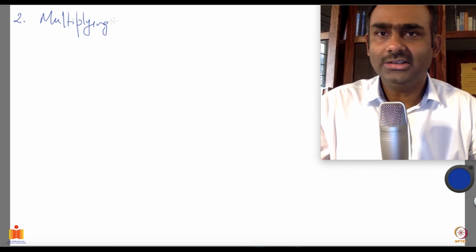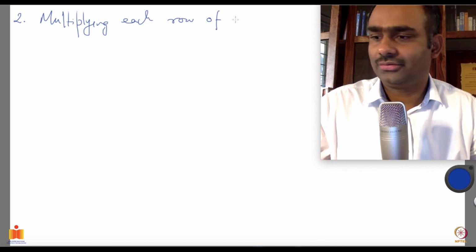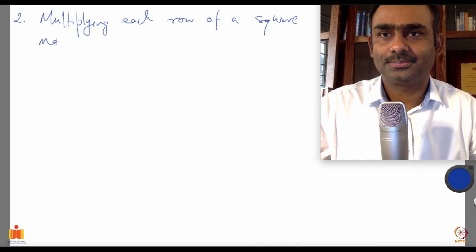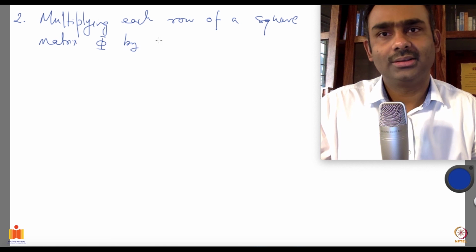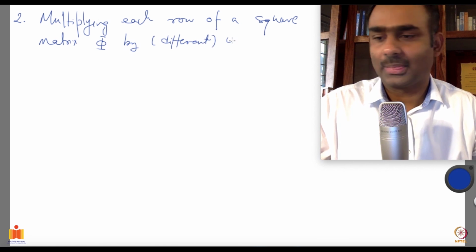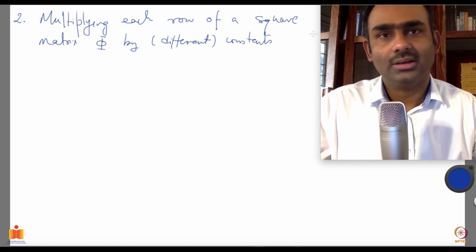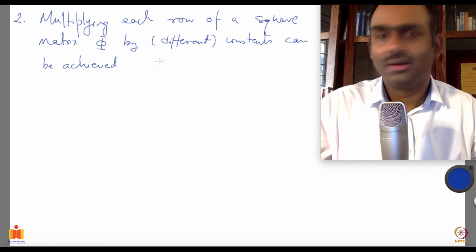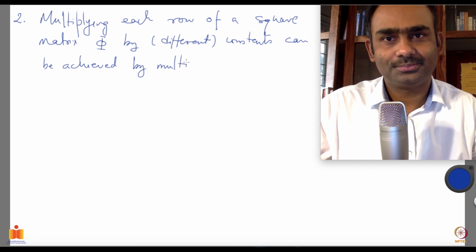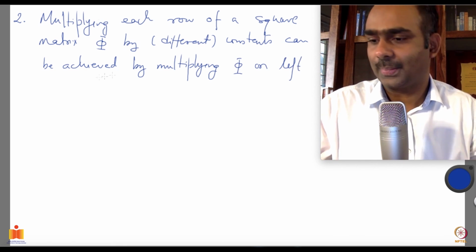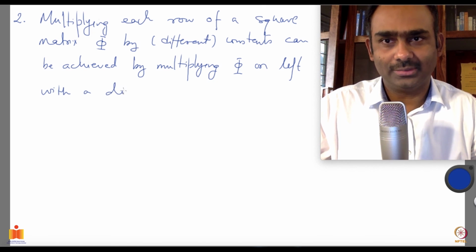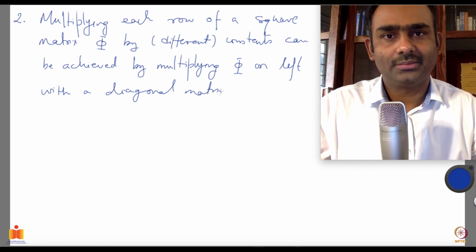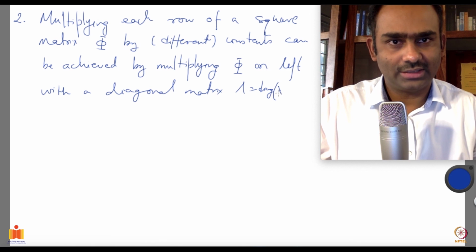Multiplying each row of a square matrix phi, n cross n, by, again I put different in brackets, constants can be achieved by multiplying phi on the left with, again, the same diagonal matrix which we had earlier, matrix lambda, whose diagonal entries are the constants which you want to multiply.